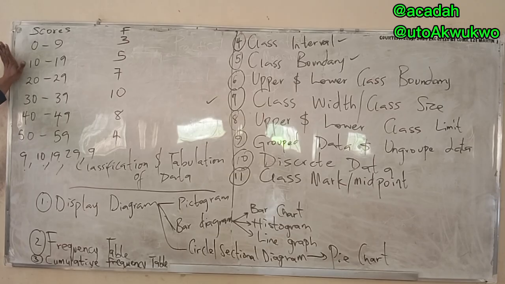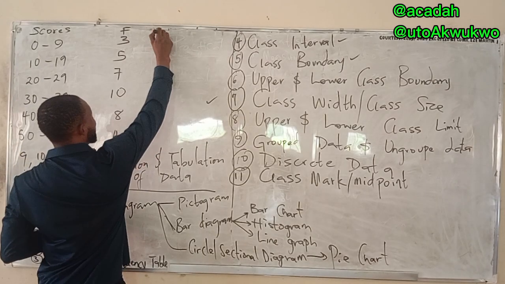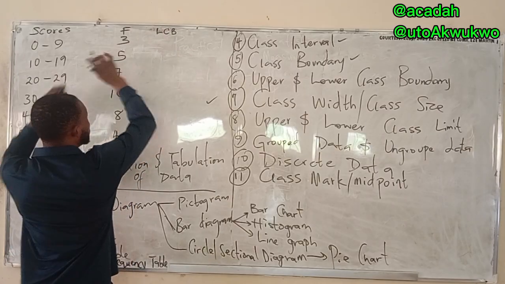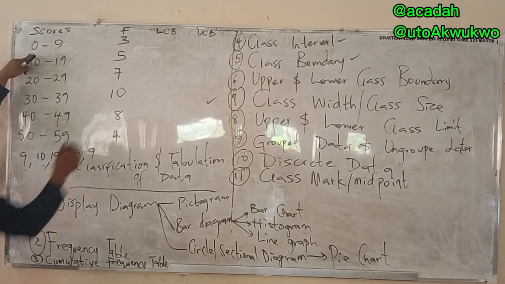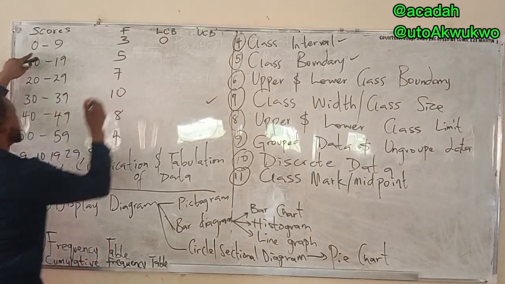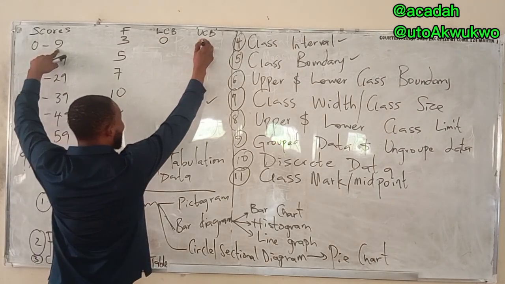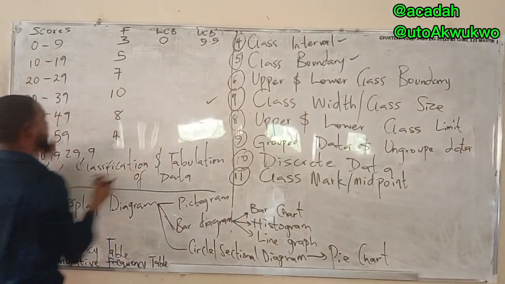See what I mean? For the lower class boundary of this, 0 is 0, don't subtract anything from it. But for the upper class boundary of this, you add 0.5, it becomes 9.5.